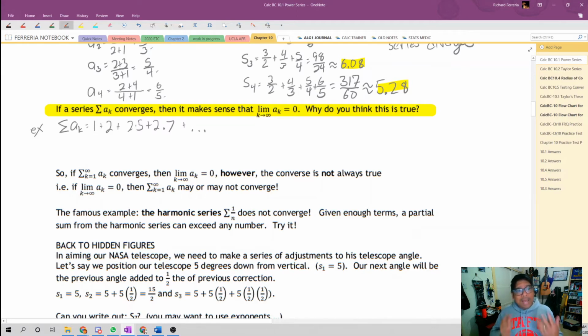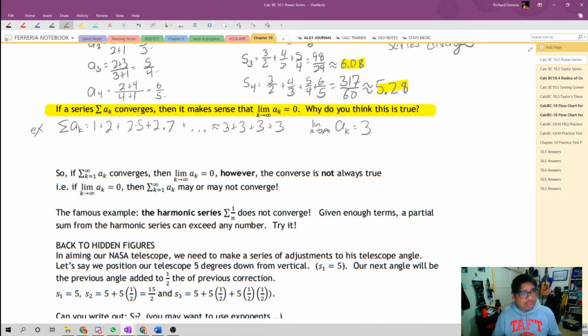At some point, this has got to be approximately equal to 3 plus 3 plus 3 plus 3, because the limit as n approaches infinity of a_k was going to be equal to 3. So at some point, we're just going to be adding 3 a whole bunch of times.